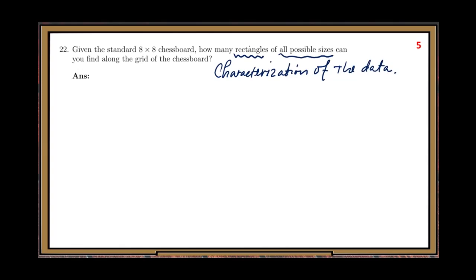Here are our data, the rectangles. How to choose different categories to organize our data? That's the main problem we want to solve.